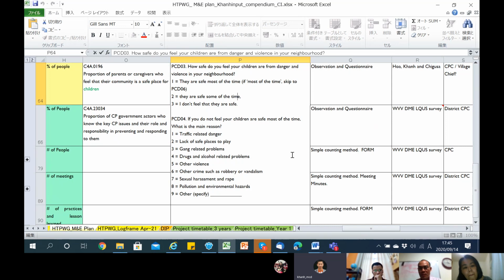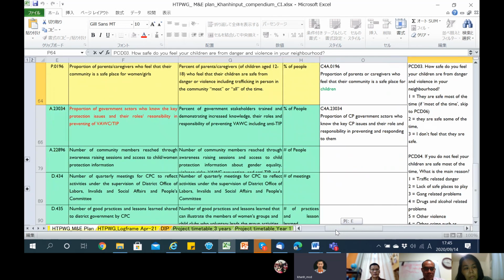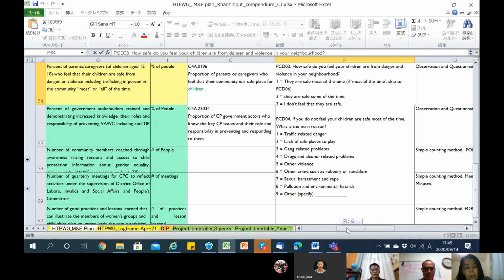So which questionnaire will provide information for this indicator? I mean, only the questionnaire for women. Okay. So we also need to develop a question for caregivers. We didn't prepare the sample for caregivers.